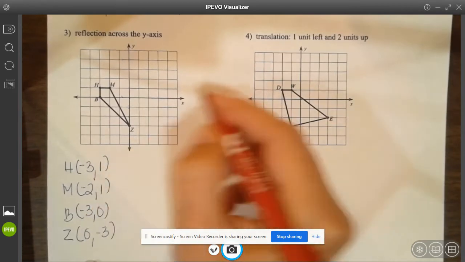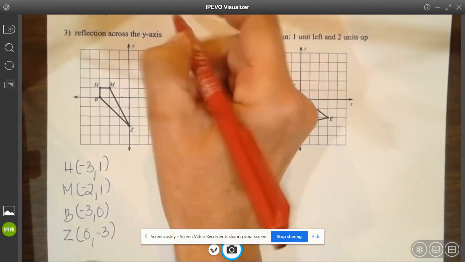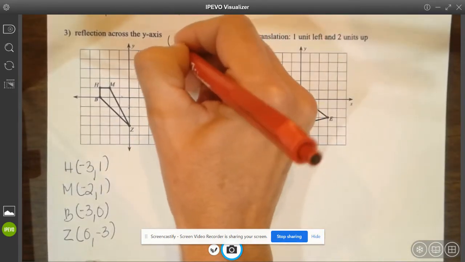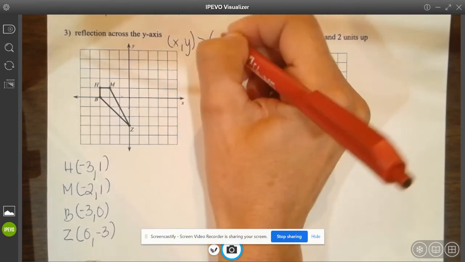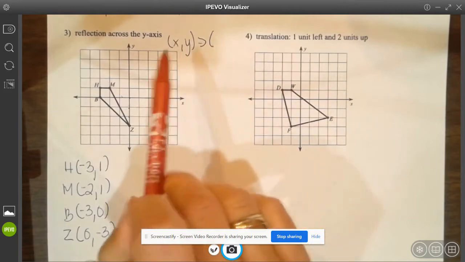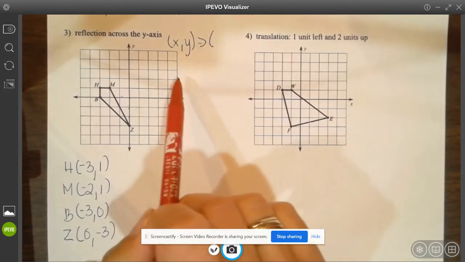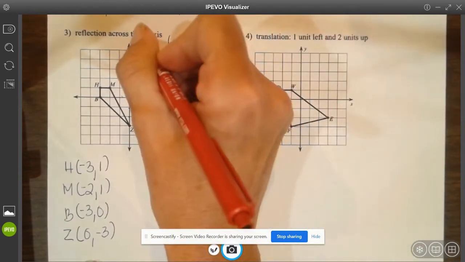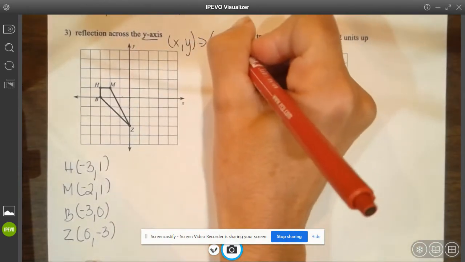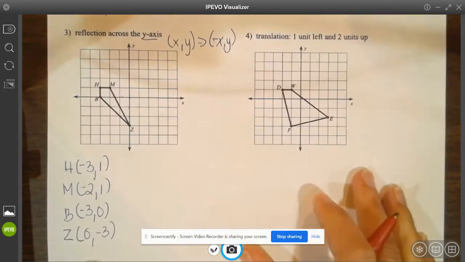All right, so now I'm going to perform my reflection, which is (x, y) goes to, but since it's the y-axis, I have to look at my cheat sheet. It says that my x changes because it's my y-axis. So now it's not my y that changes, it's my x.